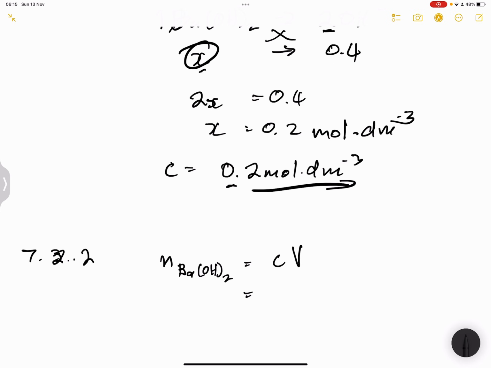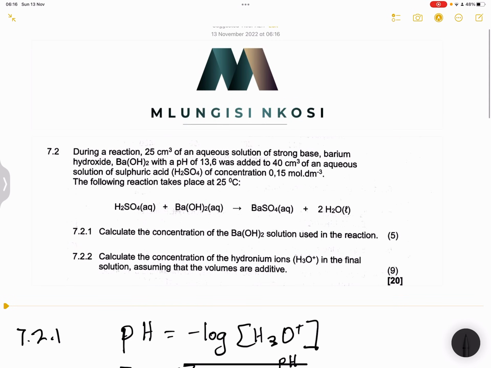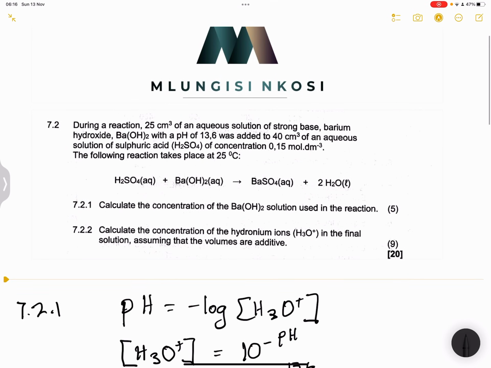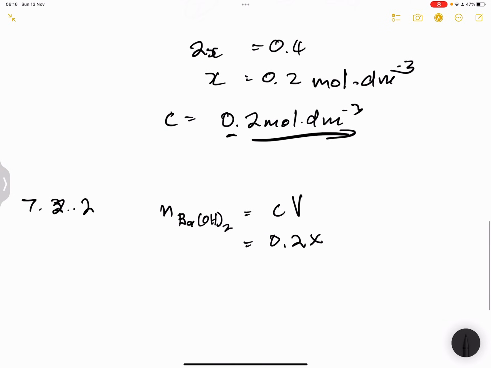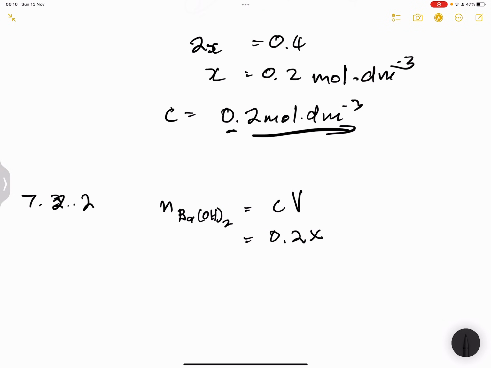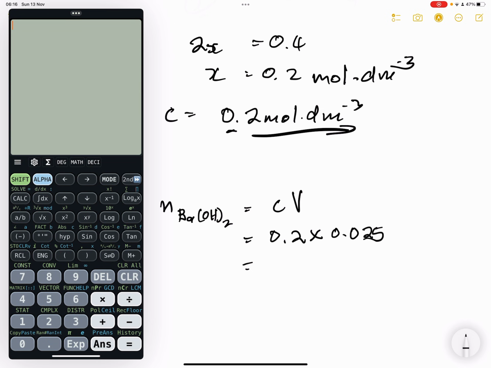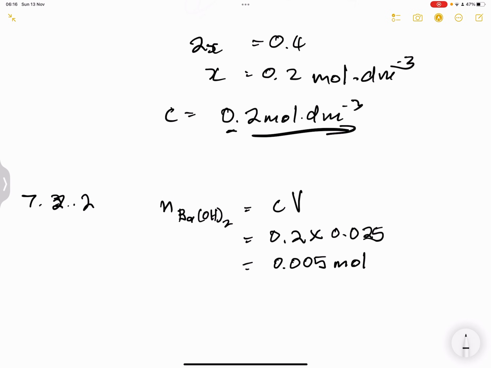Our concentration was 0.2, and the volume is 25 cubic centimeters, so we divide by 1,000, which gives 0.025. So that's 0.2 times 0.025, and I get 0.005 moles of barium hydroxide.